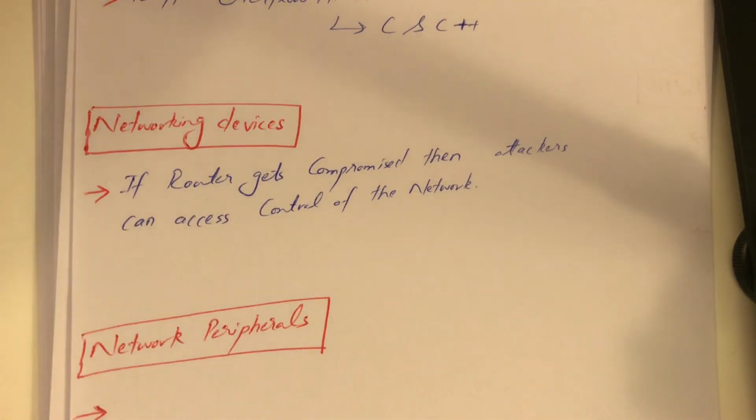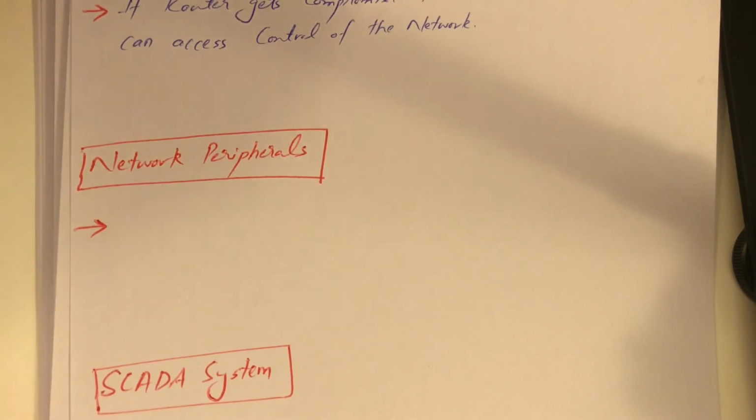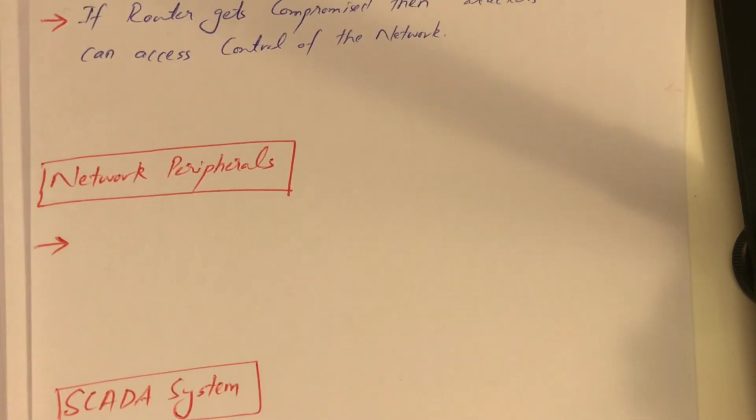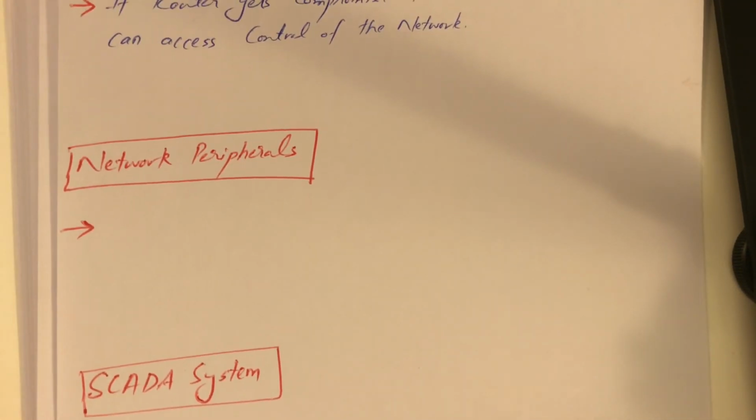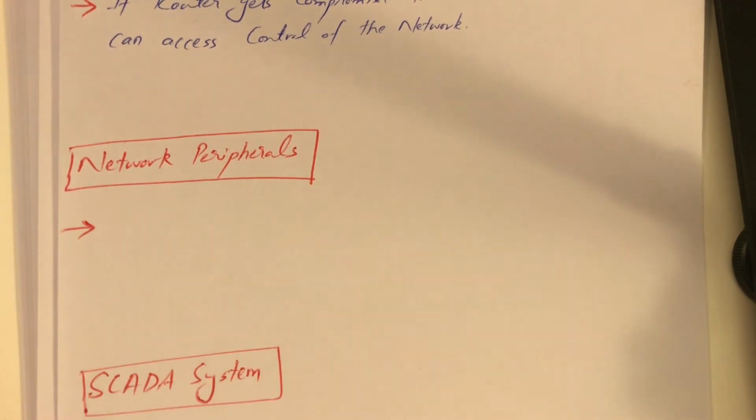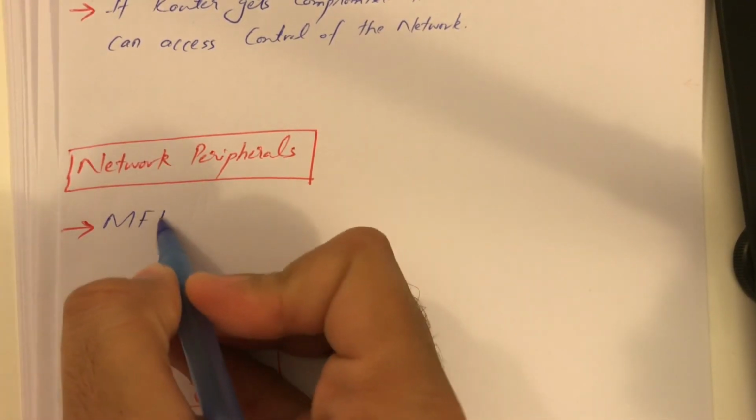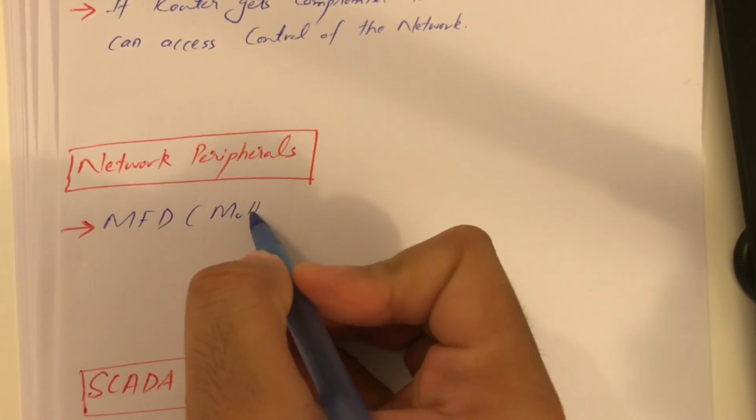That's the problem. Some other devices in your network, for example fax machines and printers, also use an embedded operating system. Some devices perform multiple functionalities, like an MFD, multi-function device.